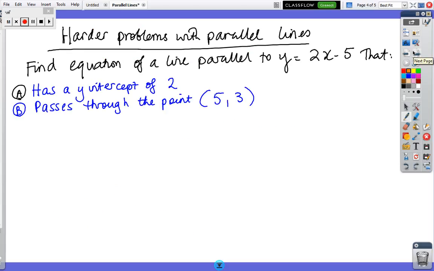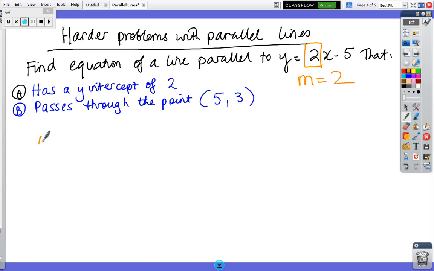Okay, so looking at harder problems with parallel lines, I've got to write an equation of a line that's parallel to y equals 2x minus 5, that A has a y-intercept of 2 and B passes through a particular point. So what we do is take the information: gradient equals 2. It doesn't always equal 2, but the last couple have been 2.